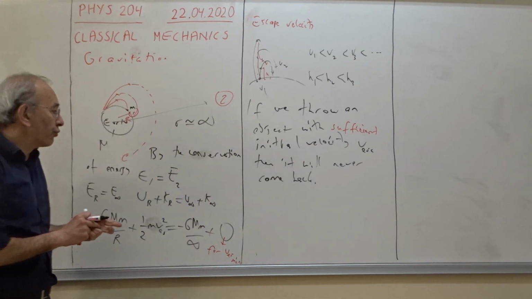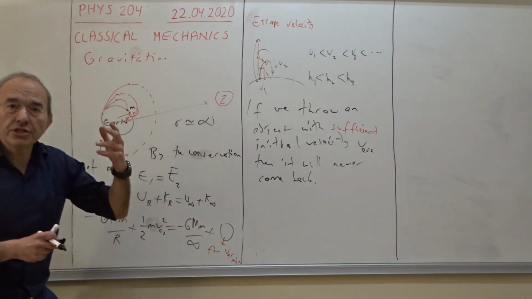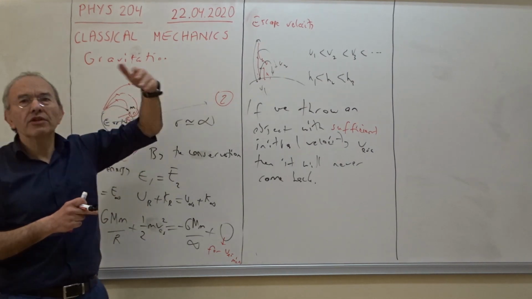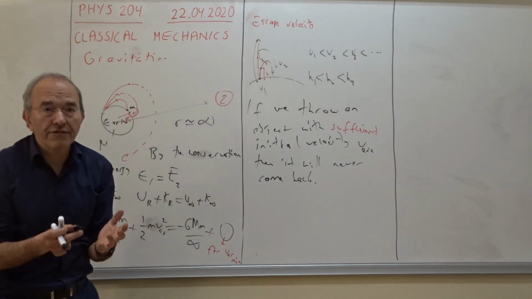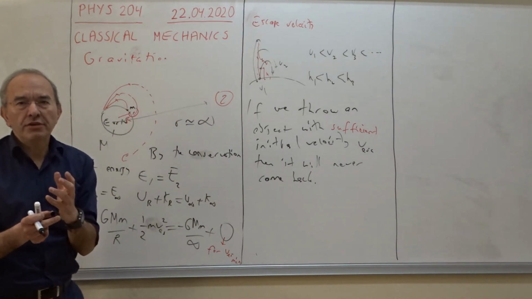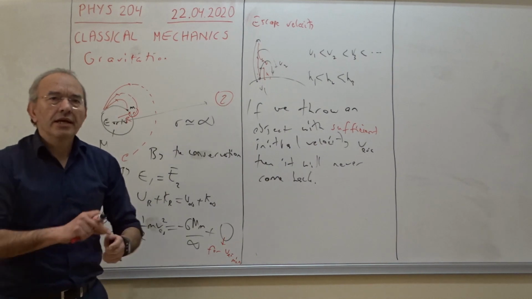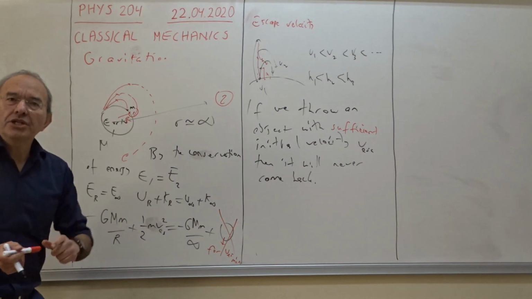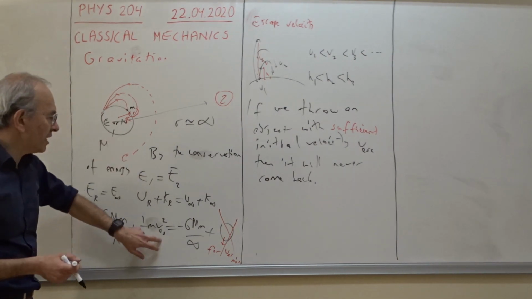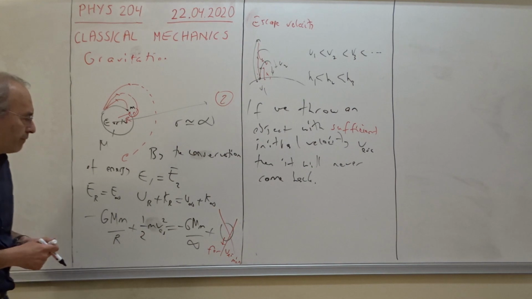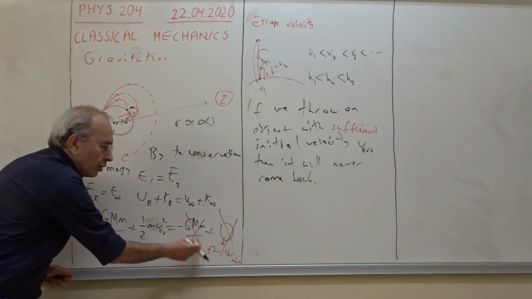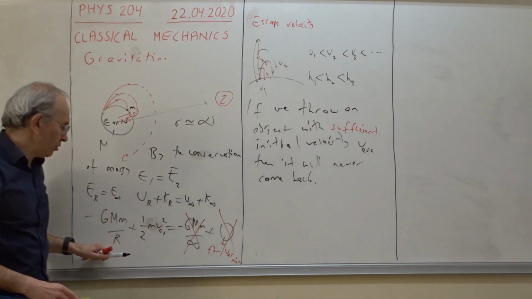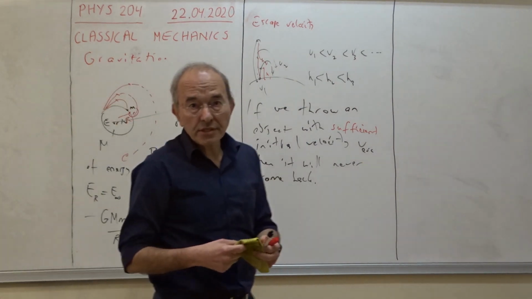Of course, if you throw the object with greater energy than the necessary minimum, even at very far away positions the object may still have some remaining kinetic energy. Now, neglect all such possibilities. Take this additional kinetic energy as zero so that we can find the minimum value of escape velocity. This potential term is also zero because the denominator is very, very large. And from this equation, you can easily get the necessary value.